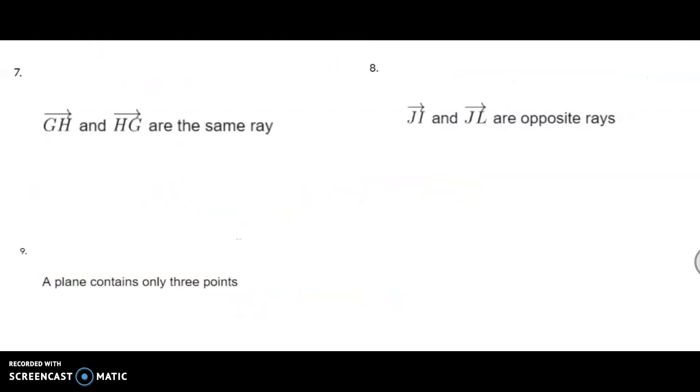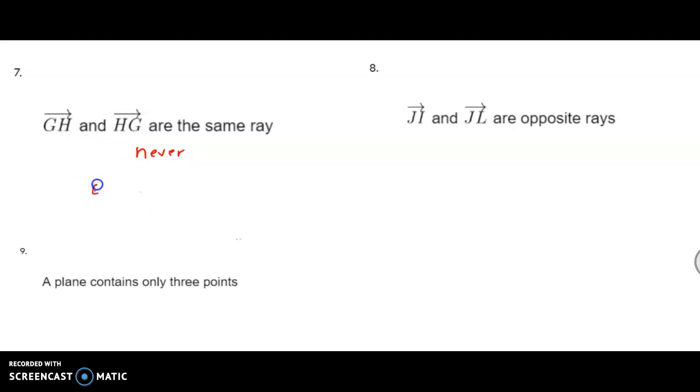All right, number 7. This 7, 8, 9 was the never, sometimes, always. GH and HG are the same ray. I would argue that is going to be never, right? Remember, the first letter represents where you're starting, and the second letter represents where you're going, right?